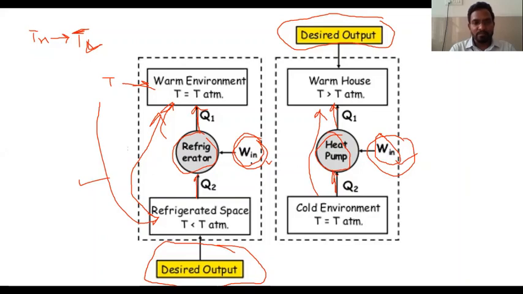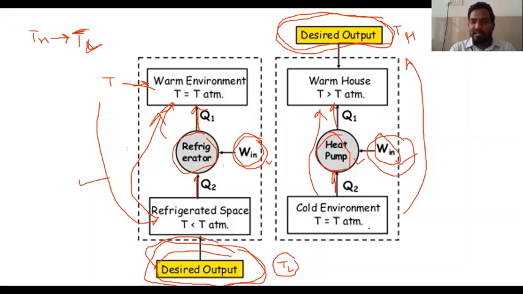The difference is that in case of refrigerator, the desired effect is a body at lower temperature, whereas in case of heat pump, the desired effect is a body at higher temperature. Means in case of refrigerator, our focus will be on a body whose temperature is to be maintained at a lower state than the atmospheric temperature. Whereas in case of heat pump, the focus will be on a body whose temperature needs to be maintained at a higher temperature than the atmospheric temperature.